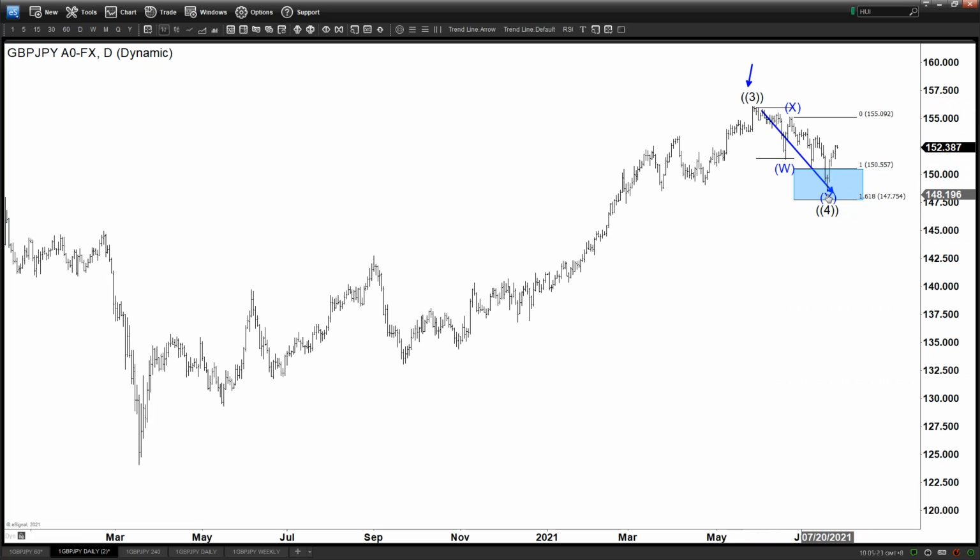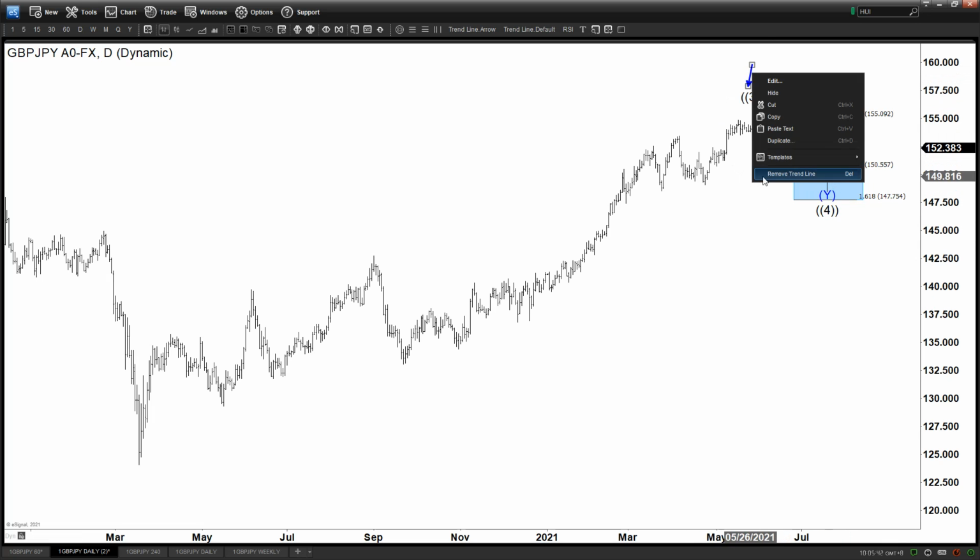So for example, if it fails to break to new high, this could be your W here, and then you have another X and then break down again from the Y, right? But we are calling it completed, which is kind of the most aggressive view right now. Confirmation, breaking above the previous peak, is going to confirm the view.